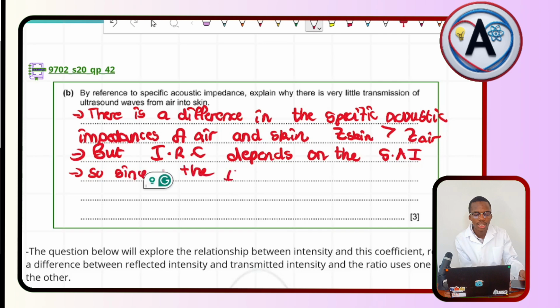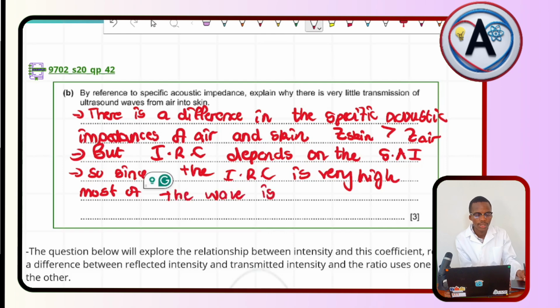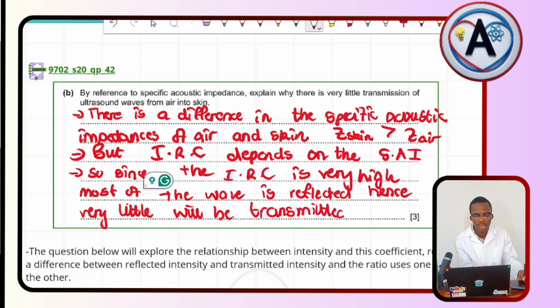So since the IRC is very high, due to the differences in Z, most of the wave is reflected, hence very little will be transmitted.